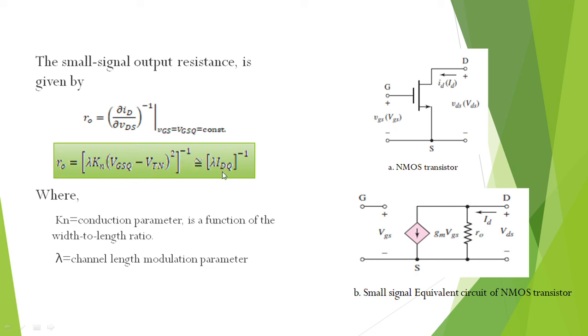In short, the output resistance r0 of a MOSFET can be written as lambda into IDQ, the whole inverse. In this equation, Kn is called the conduction parameter, a function of the width to length ratio of a MOSFET, and lambda is the channel length modulation parameter.